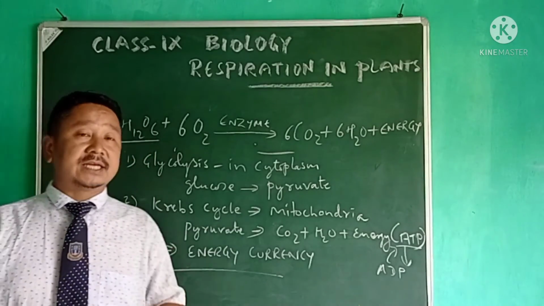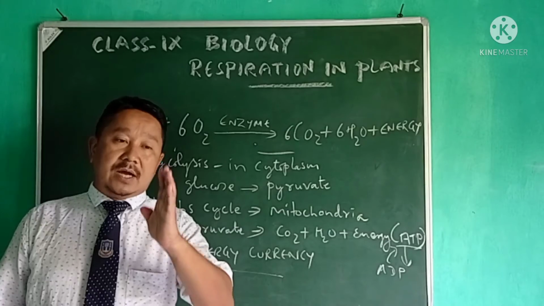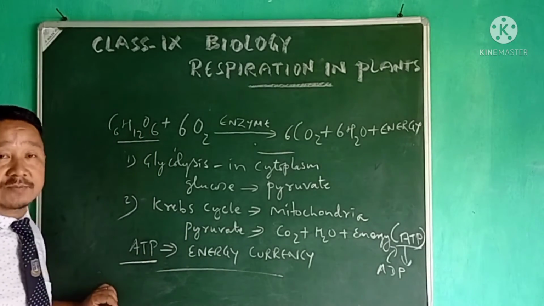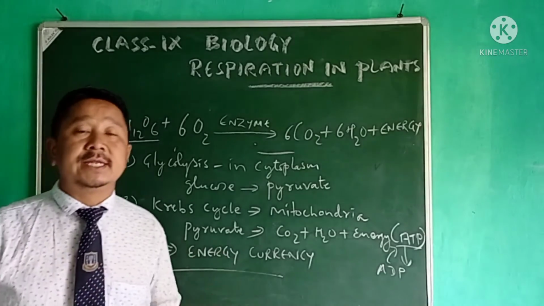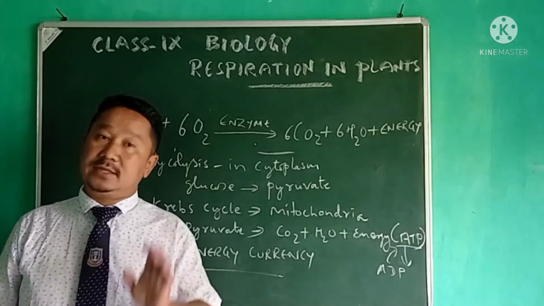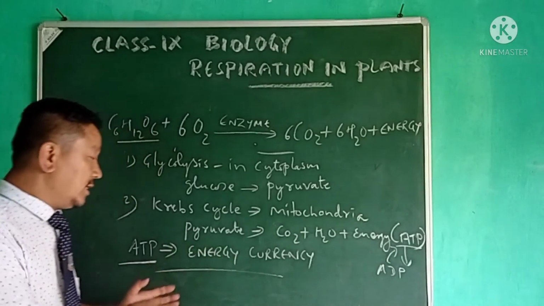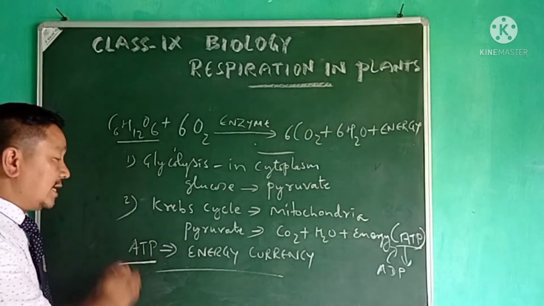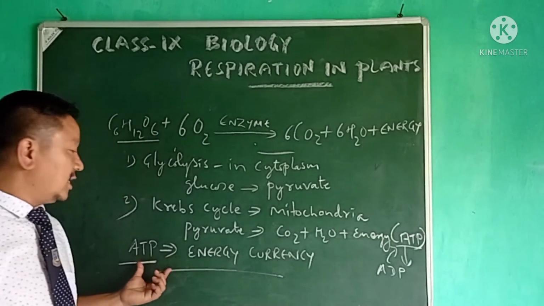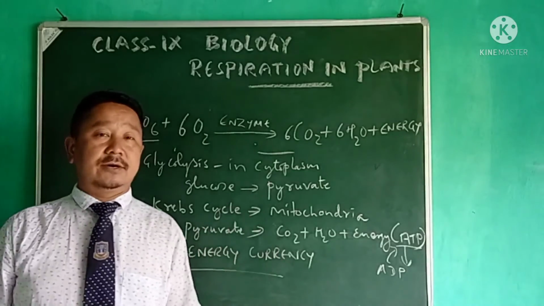These activities are possible only at the expense of ATP. If there is no ATP, no activities are possible in the cells or in the body. That's why it is exactly the same as currency. That's why ATP is also known as energy currency.